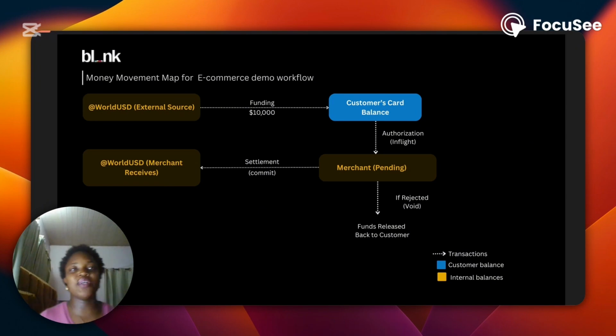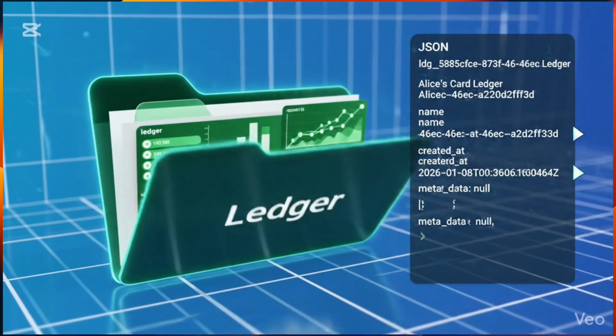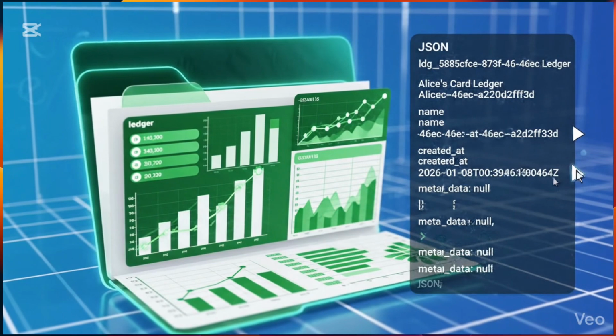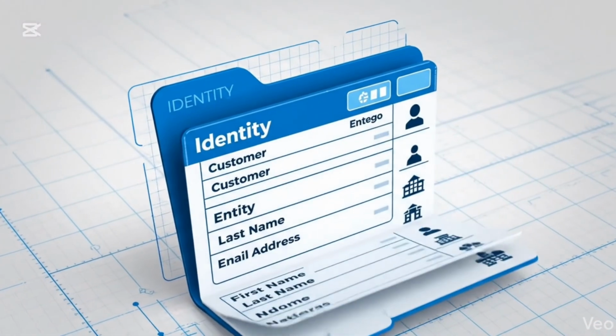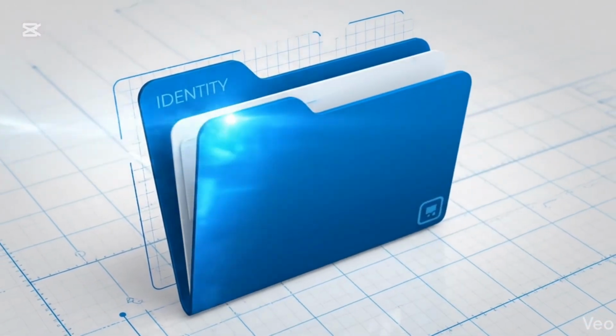Let me explain key terms for anyone that is new to this. When you hear the word ledger, it's basically like a folder that groups accounts together. Each customer gets their own ledger. When we talk about identity, it's just about each customer and their information such as the name, email, and all that info.